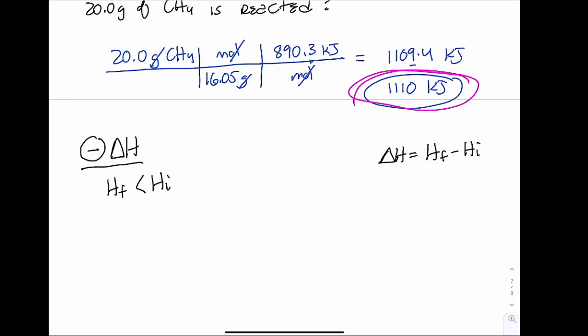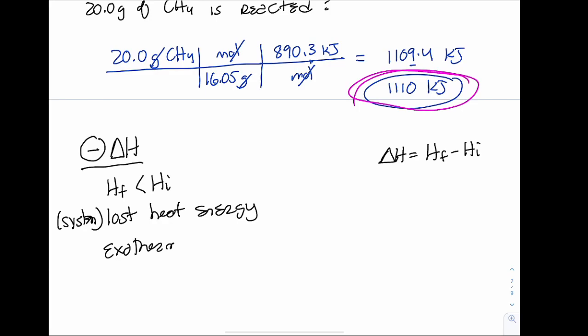Remember, delta H is a measure of the heat of my reaction. So I'm still talking about heat energy here. So the system lost heat energy. We could add that if it helps. It means my surroundings gained heat energy. And then this is where our exothermic term would apply. So this is an exothermic reaction.